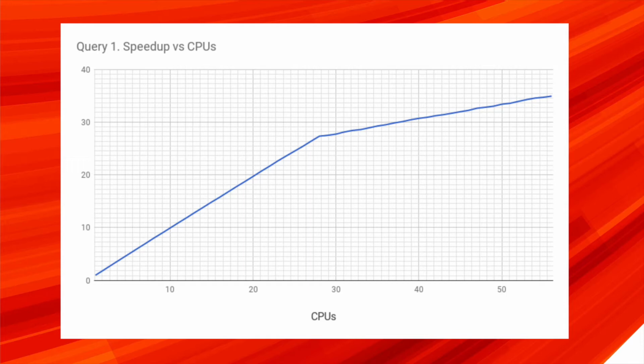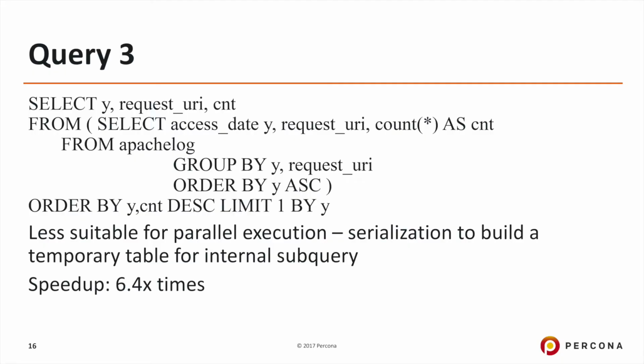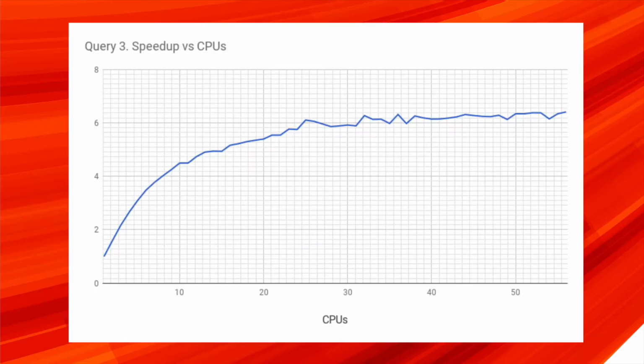But not all queries are created equal. So if we take a more complex query, which I think is less suitable for parallel execution, there is a serialization to build a temporary table for an internal subquery. For this query, if you measure again one thread against all 56 threads, the speed up we're looking at is only 6.4 times.